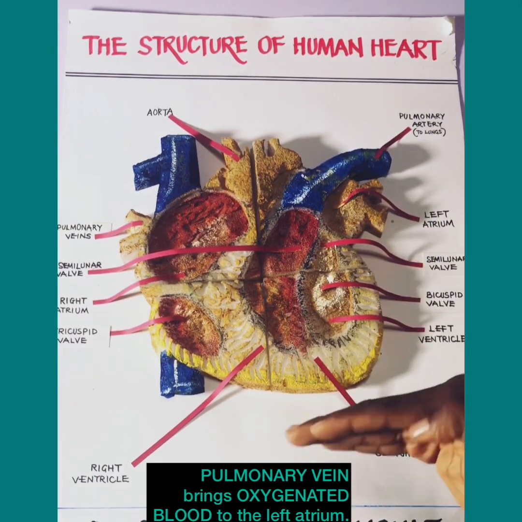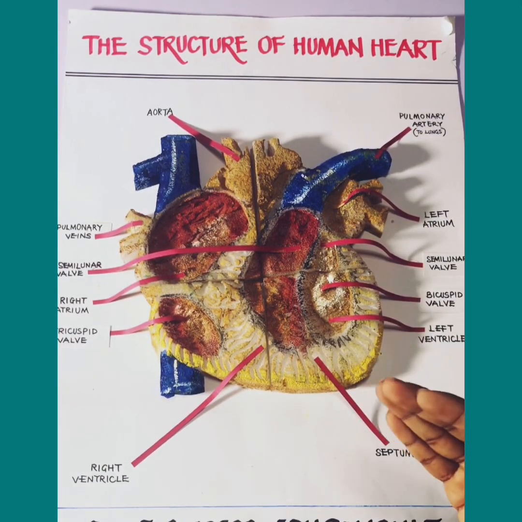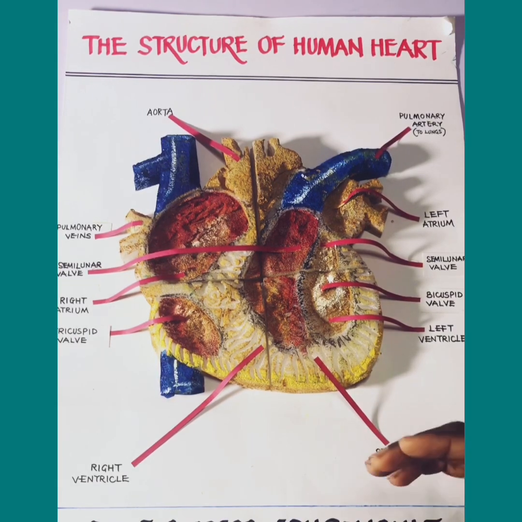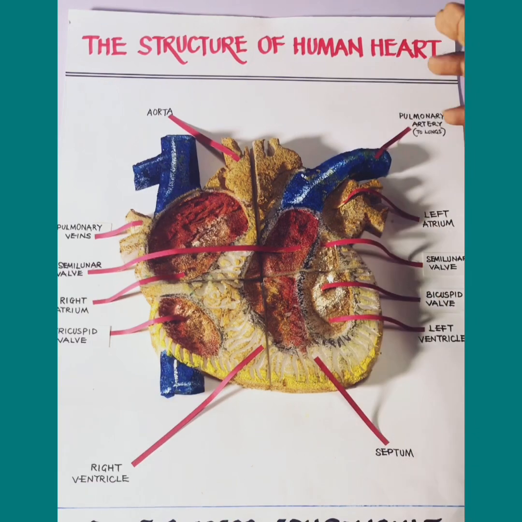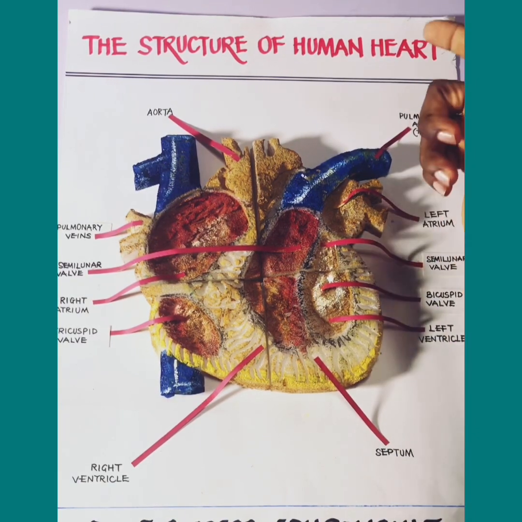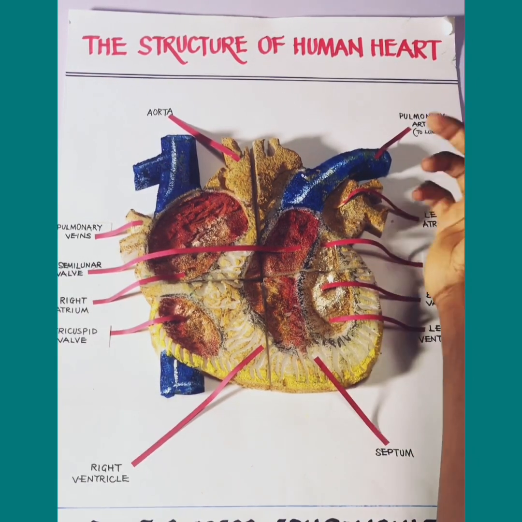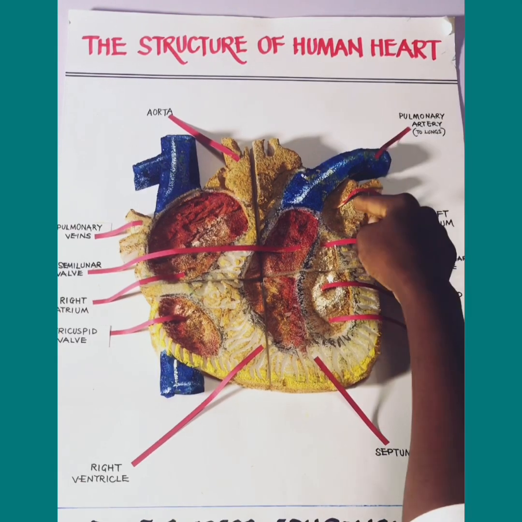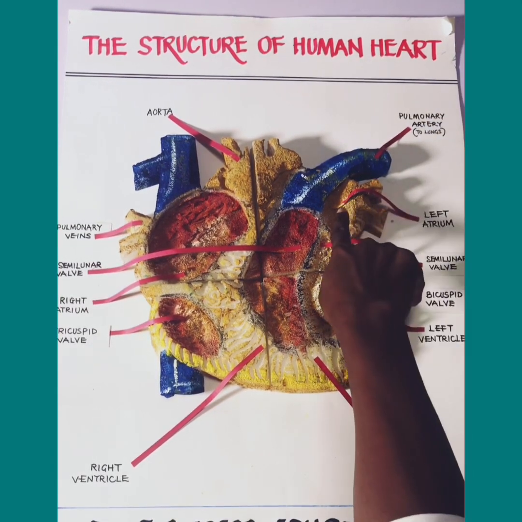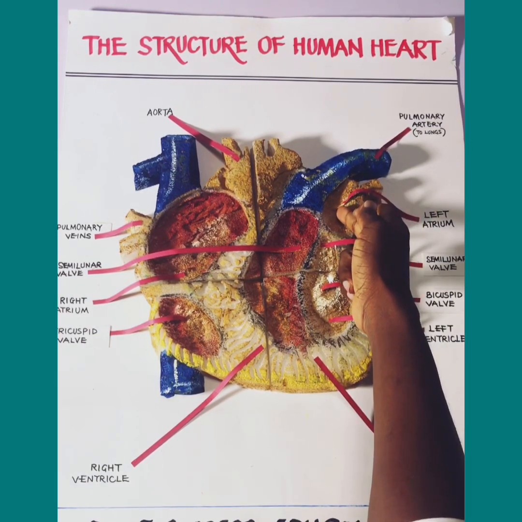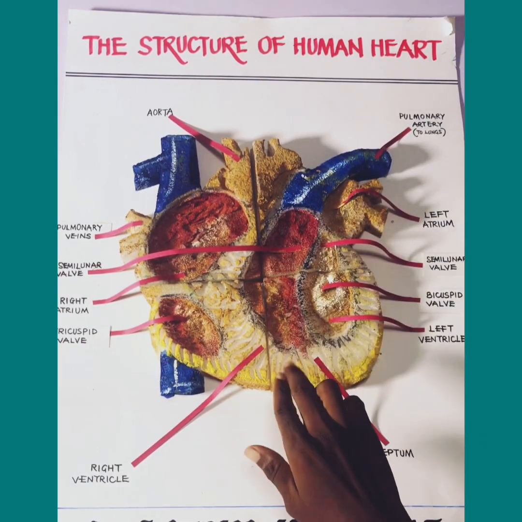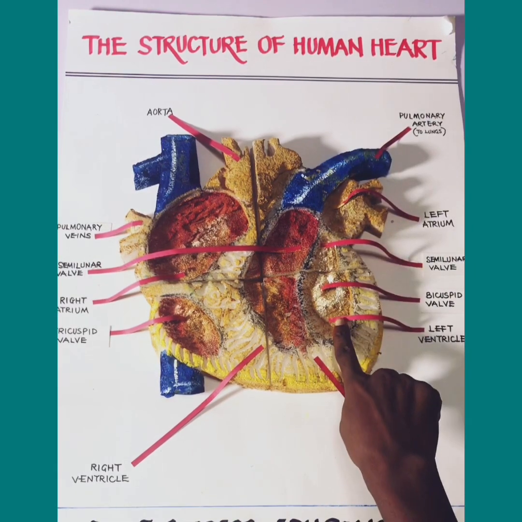Remember, all veins carry deoxygenated blood except pulmonary veins, which carry oxygenated blood. So the pulmonary vein is also connected to the lungs. So blood is coming directly from the pulmonary veins, which is oxygenated blood, and it is being emptied into this left atrium. So the blood from this left atrium will move directly into this left ventricle.